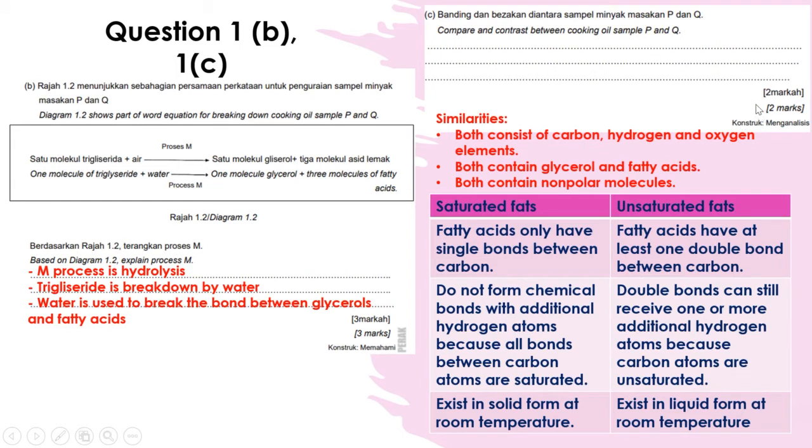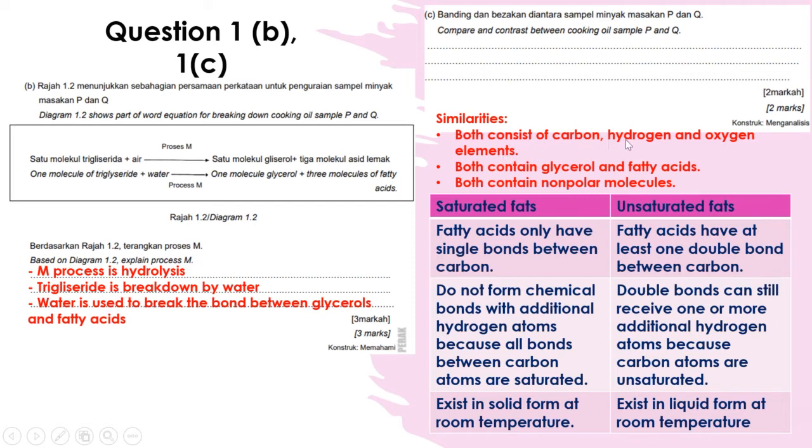Because the mark allocated is only 2 marks, you have to state one similarity and one difference. This is the suggested answer. Similarity: both consist of carbon, hydrogen, and oxygen elements.